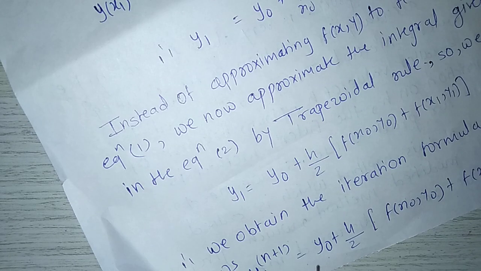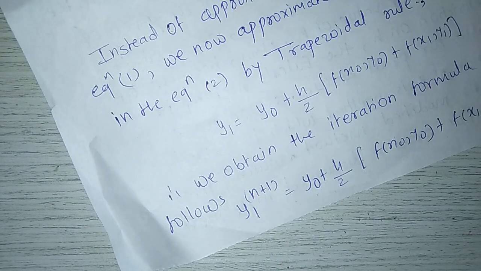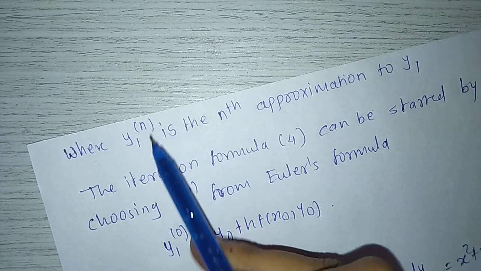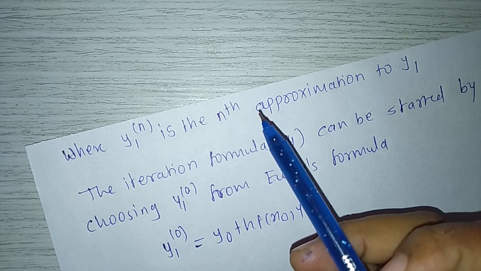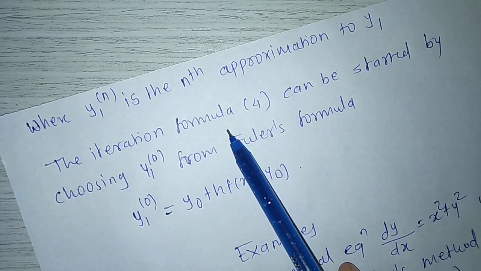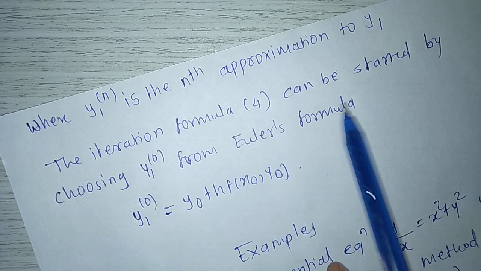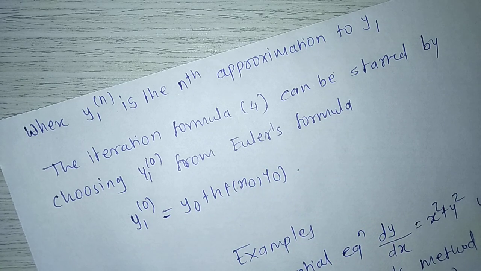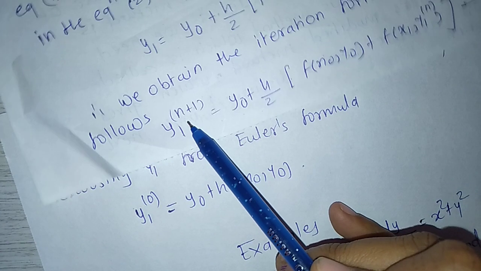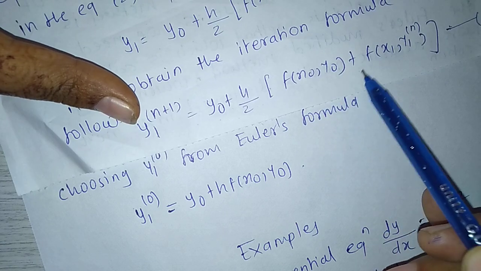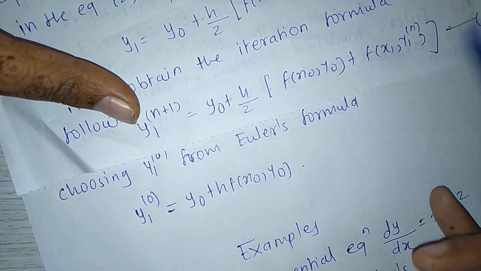Here, y1 raised to n plus 1 means the n plus 1th approximation to y1, where y1 raised to n is the nth approximation to y1. The iteration formula 4 can be started by choosing y1 raised to 0 from Euler's formula. y1 raised to n plus 1 equal to y naught plus h upon 2 into f of x naught, y naught plus f of x1, y1 raised to n.